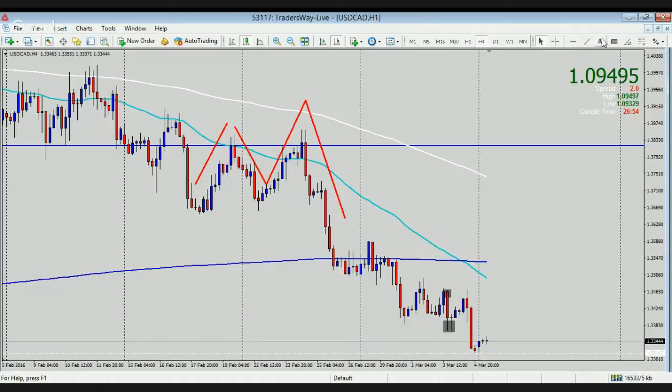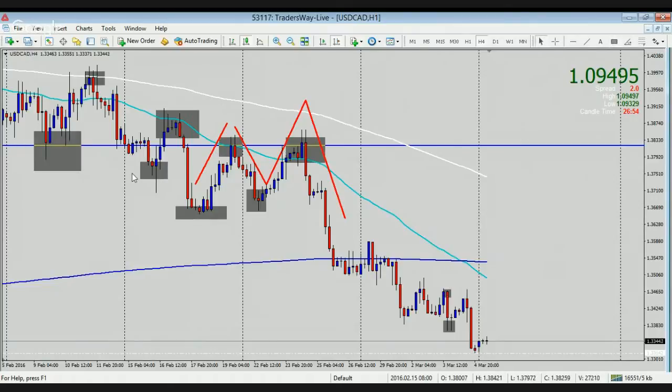All right. So look over here. Peak formation. Peak formation. Peak formation. I'm sure you guys are getting the idea now. Okay. Draw horizontal lines on all of them.